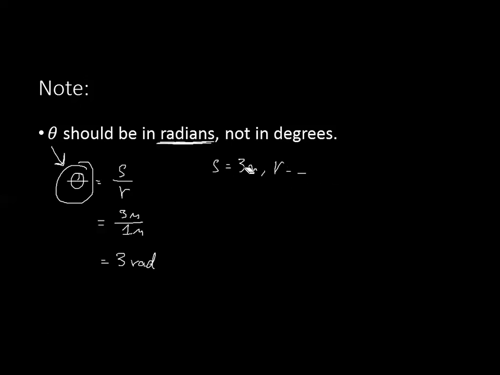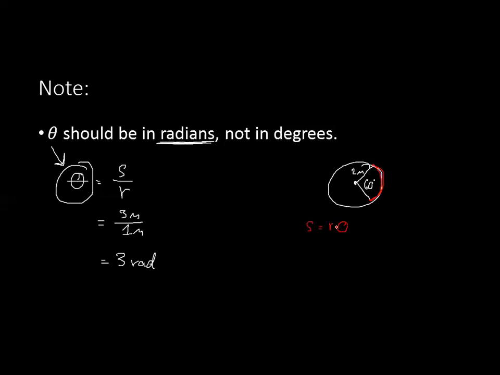Plus, it actually makes sense. Let me give you an example. Wait, let me draw a circle here. Suppose this is 60 degrees and the radius is 2 meters, and your job is to find the arc length intercepted by the central angle. So you need the formula.